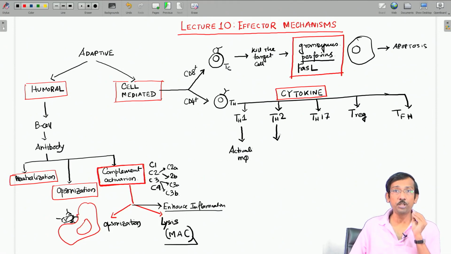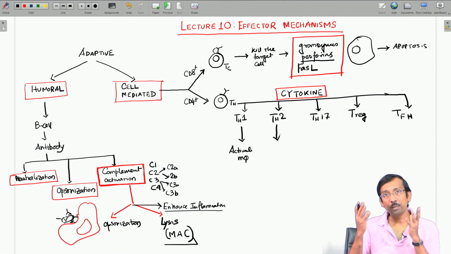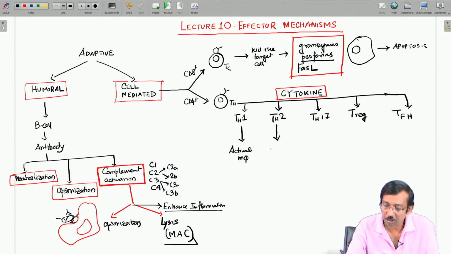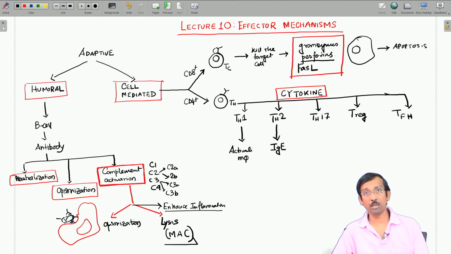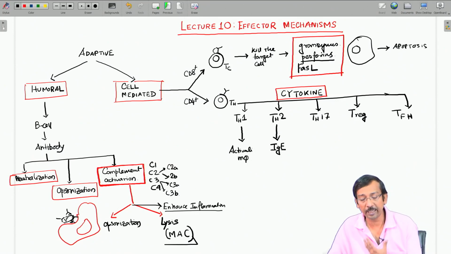This has a major role in class switching of the antibodies during the process of B cell differentiation, and mainly they are responsible for production of IgE, immunoglobulin E. You will learn about IgE when we talk about hypersensitivity reactions later on. So, they help in production of IgE.